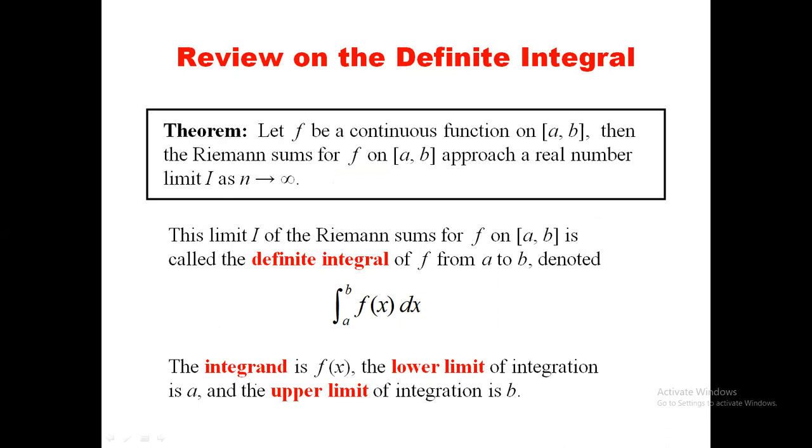Now, we know that when we evaluate a definite integral, it's also equivalent to determining the area of the curve bounded by the limits of integration. The integrand here is the function, our function of x, and your limits of integration are a and b, representing the lower and upper limit.